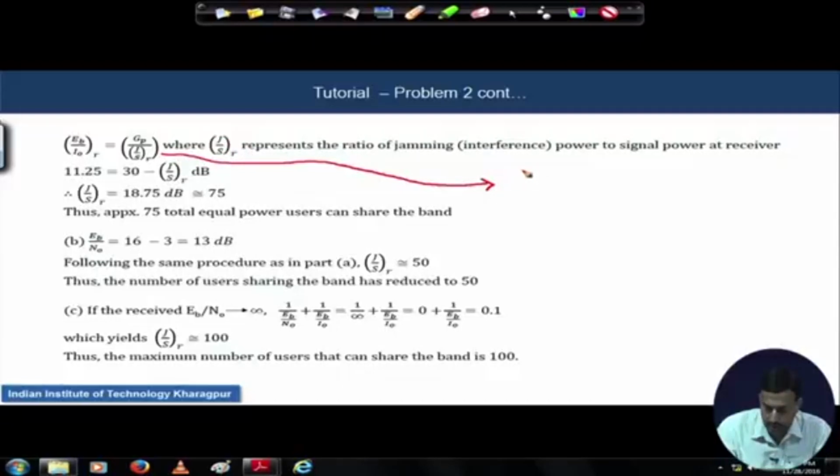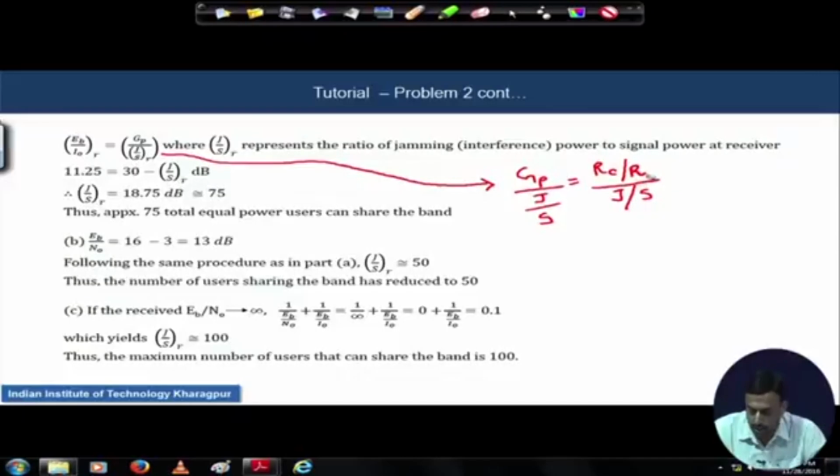So let me just quickly elaborate this: GP by J by S. GP, as we already know, is nothing but the chip rate divided by the original bit rate, and J by S, as I said, is the jammer to signal power ratio.